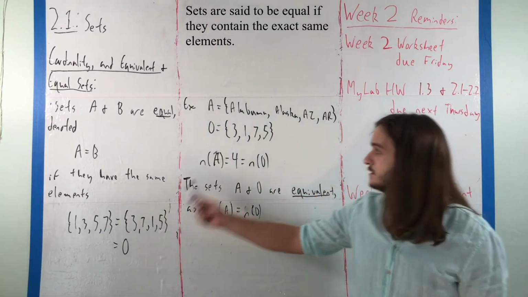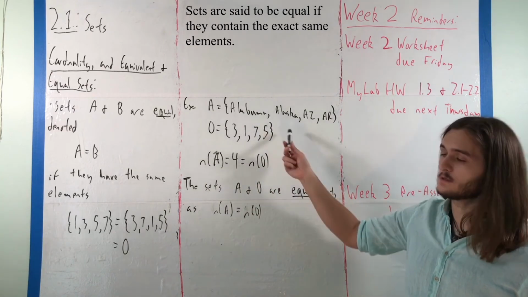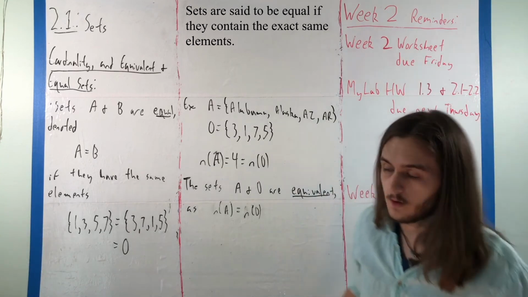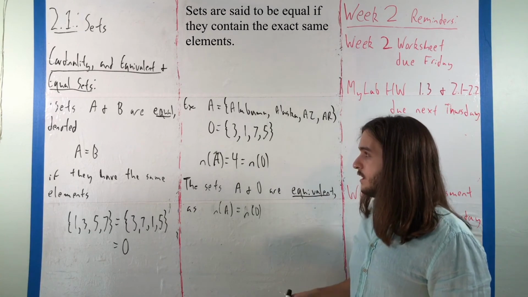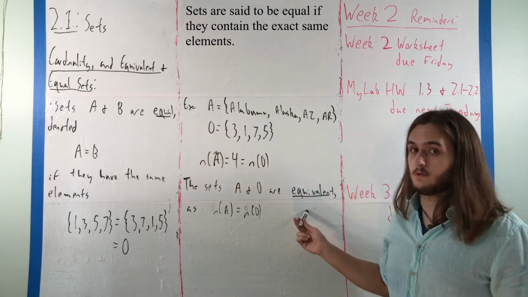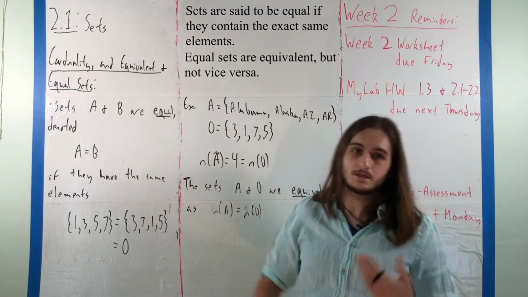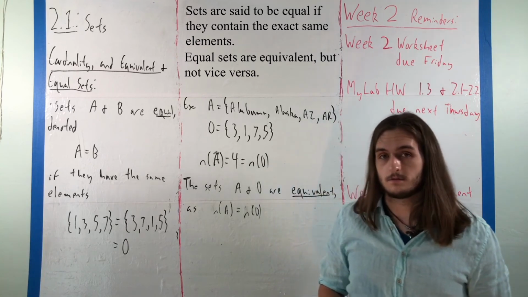These sets are still equal, but these sets are very clearly not. So one thing that's important to bear in mind in connection between these two properties: sets that are equal are always equivalent, but sets that are equivalent are not always, and in fact more often than not, equal.